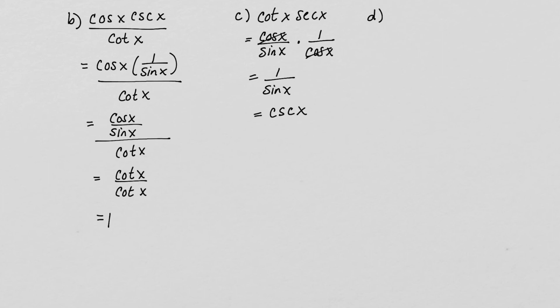So my last one here that I'm going to do, sine squared x minus cosine squared x sine squared x. So if you'll notice, the two terms here both have a sine squared x in them, so I'm going to factor that out. So this is going to be sine squared x times 1 minus cosine squared x.